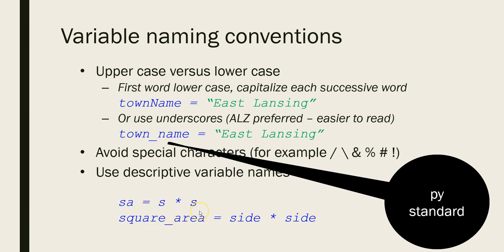It is more typing, of course, but it gives the reader of your code, which can be you a year from now, or someone else that you shared your code with, much more clarity about what's going on. So, for example, it's better to write square underscore area equals side times side versus SA equals S times S. Okay, that is not the best convention. So try to use descriptive variable names.